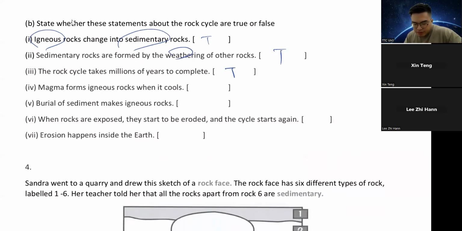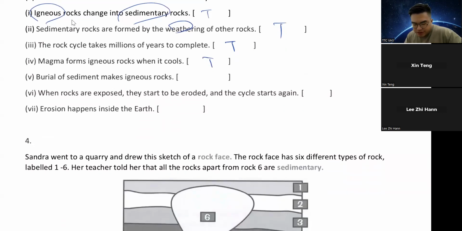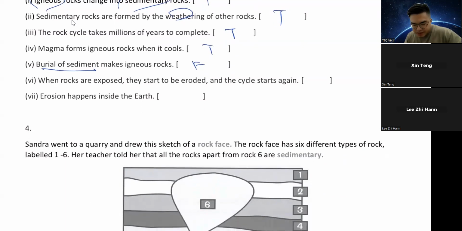True. Magma forms igneous rock when it cools. True. Burial of sediments makes igneous rock. This is false. Burial of sediment makes sedimentary rock. Number 6, when rocks are exposed, they start to be eroded and the cycle starts again. Yes. Erosion happens inside Earth. No, it happens on the surface.